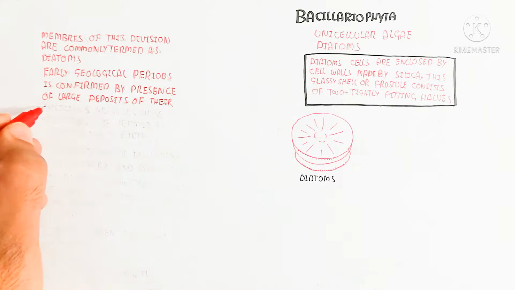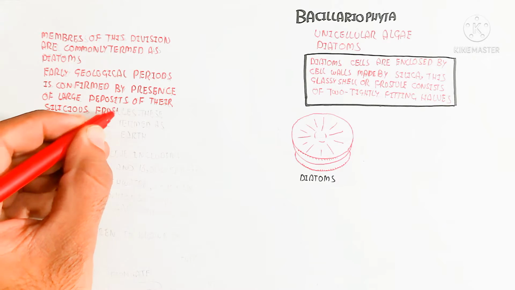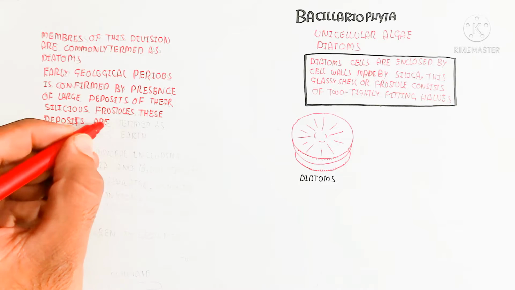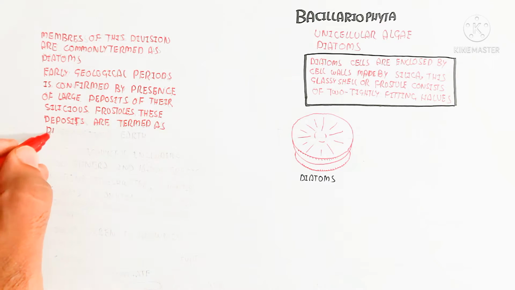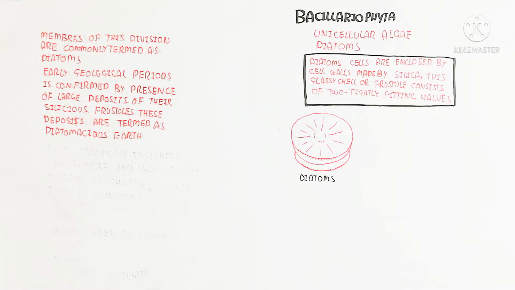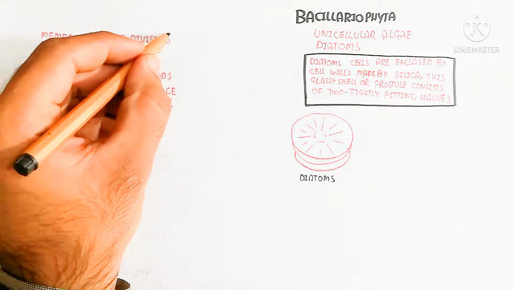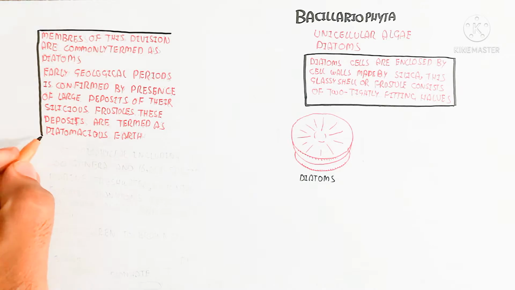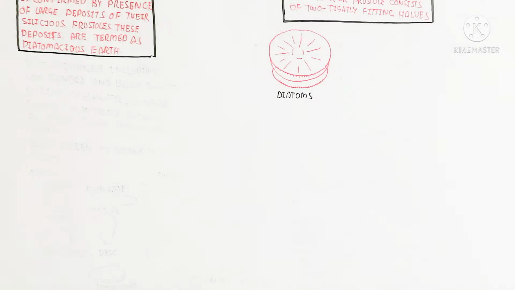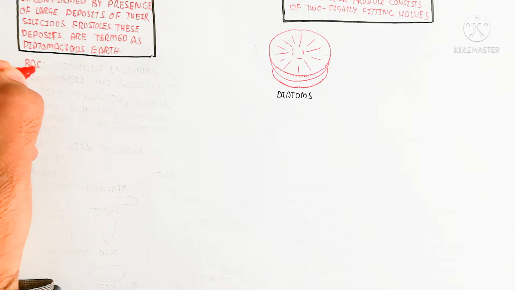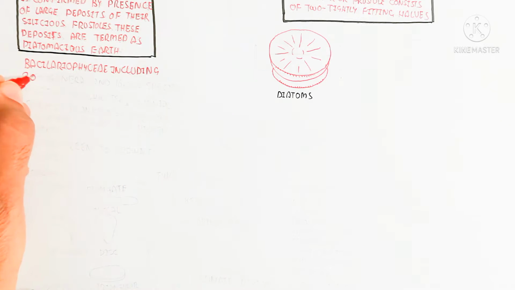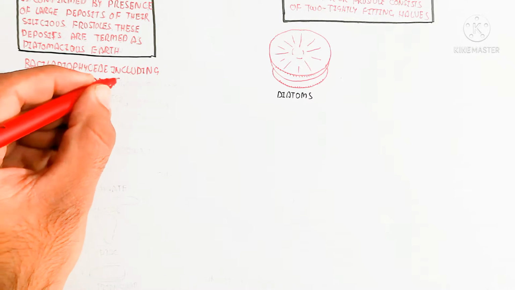Bacillariophyceae includes 200 genera and 16,000 species, both marine and freshwater. They occur as colonial forms, planktons, or epiphytes on other algae and higher plants. Their color is olive green to brown.